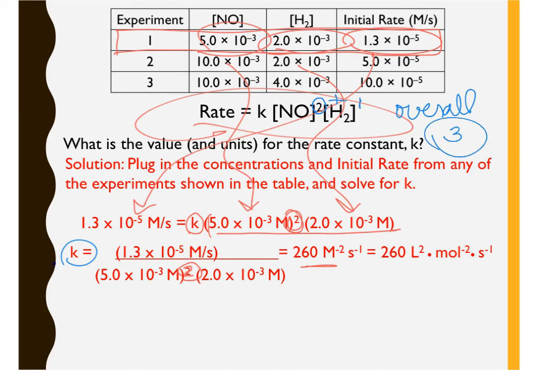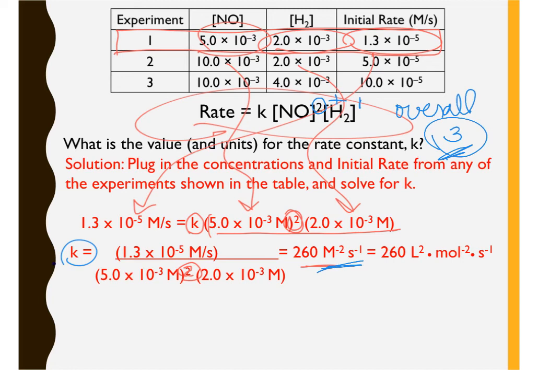So this is third order overall. Okay, so it turns out that the units for K are specific for the overall order. So any third order reaction will always have these units. Any second order reaction will have a different set of units. Every first order reaction will have yet a different set of units. So we'll talk about the units. They are important.